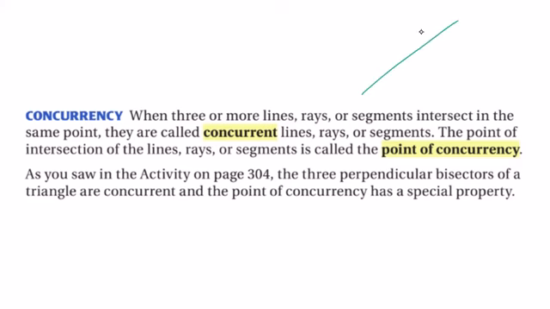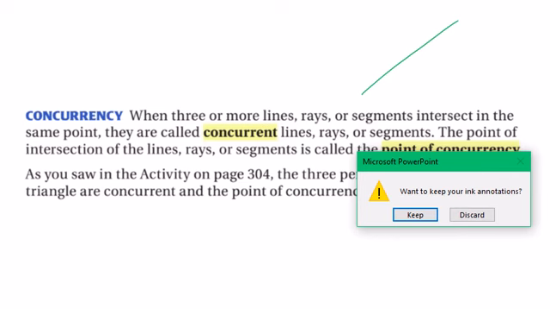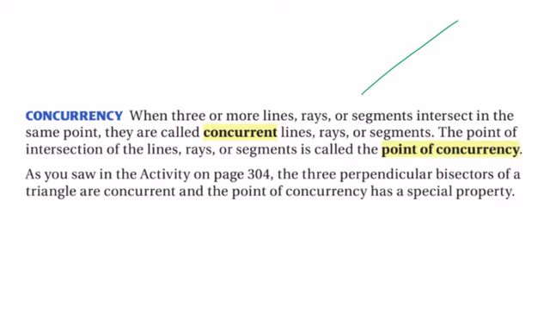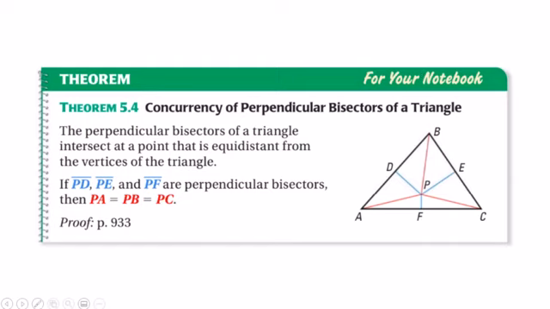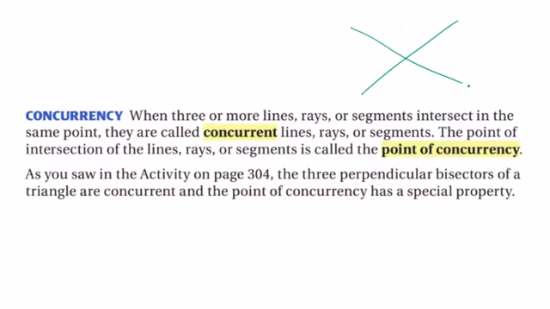So I can have different types of lines that are all going to intersect. The different types of lines, rays, or segments that I'm talking about are, for example, in this section, perpendicular bisectors.